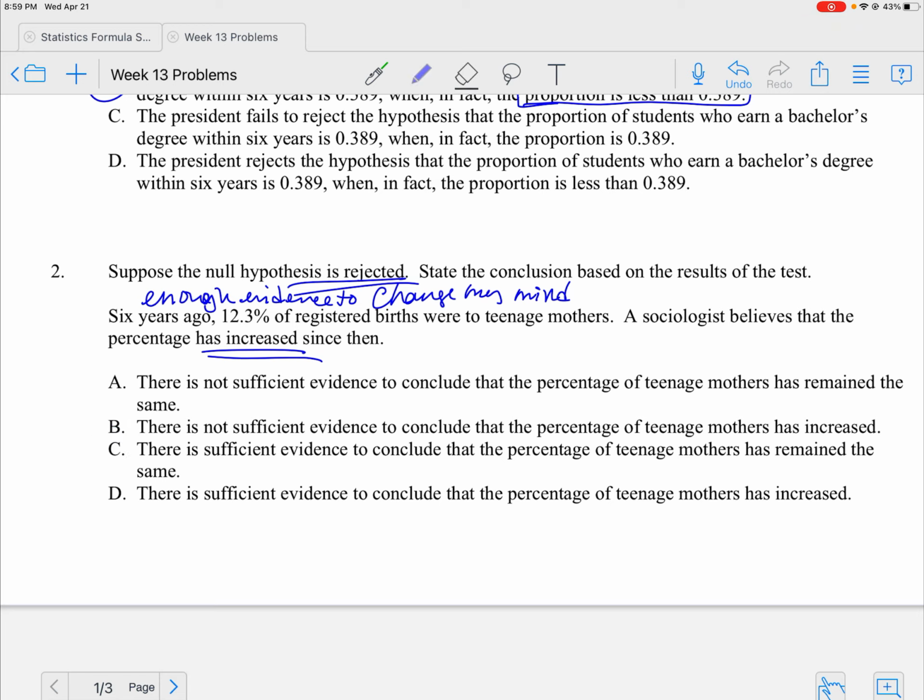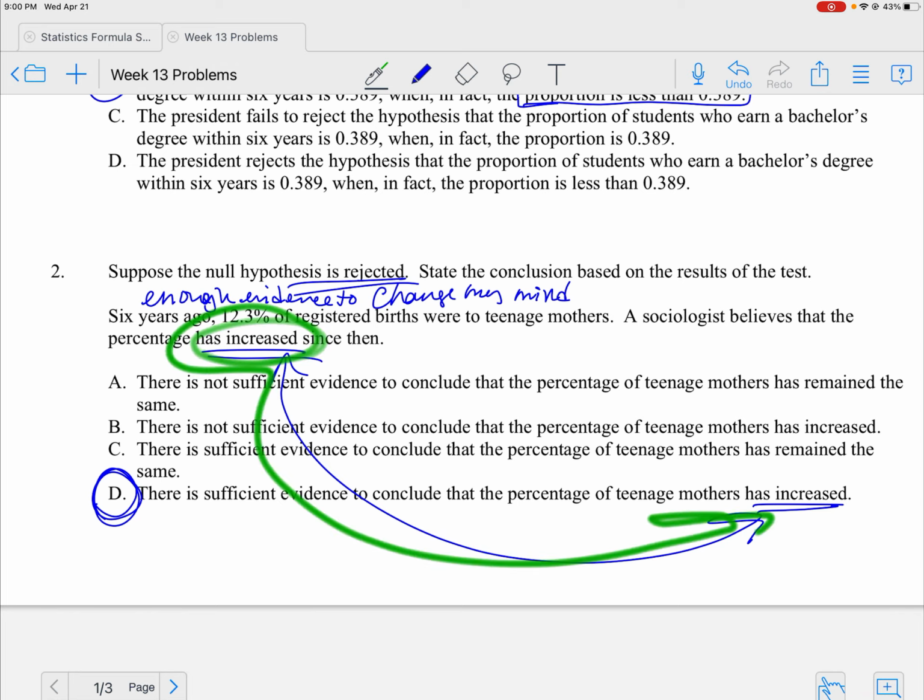I saw there was sufficient evidence and I got excited about it. There is sufficient evidence to conclude that the percentage has increased. Here's the thing that I want to point out. That verbiage will always be the same. This one that I almost chose accidentally says remain the same. Whatever words are used, those are the same words that are used. So heads up on that.